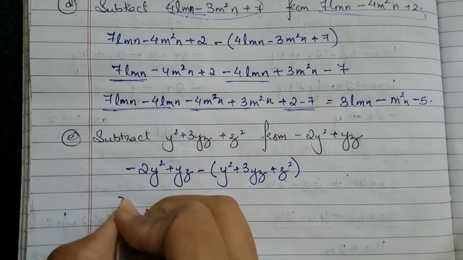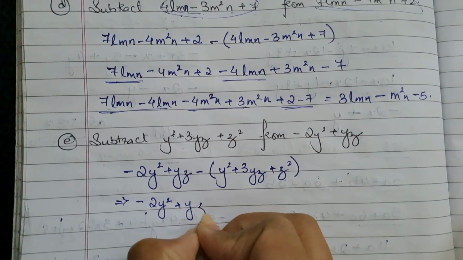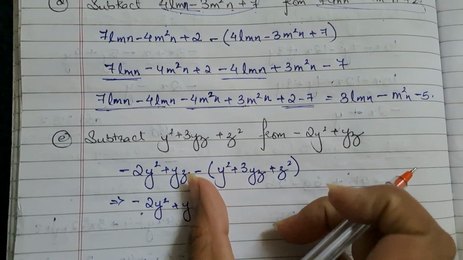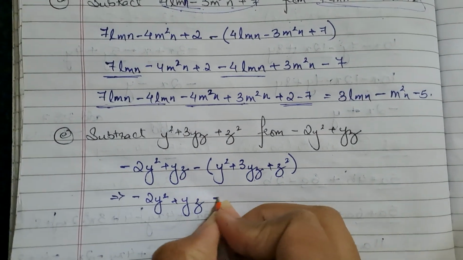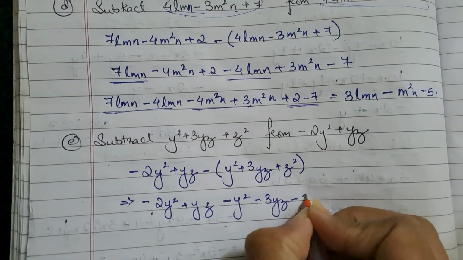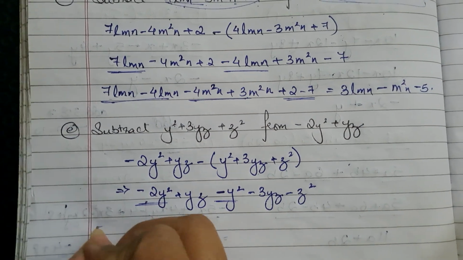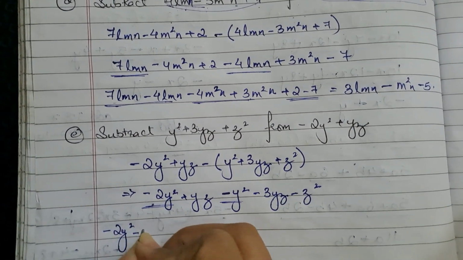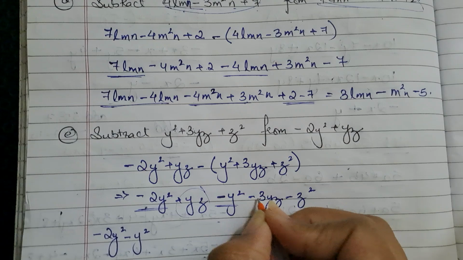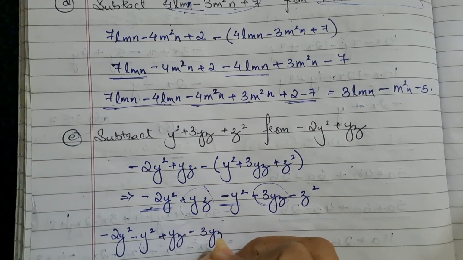So rewriting the terms, minus 2y square plus yz, signs inside will change because there is a negative sign here. It becomes minus y square minus 3yz minus z square. These terms together, minus 2y square minus y square. These terms, plus yz minus 3yz.